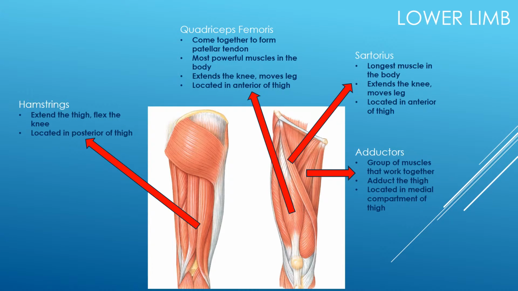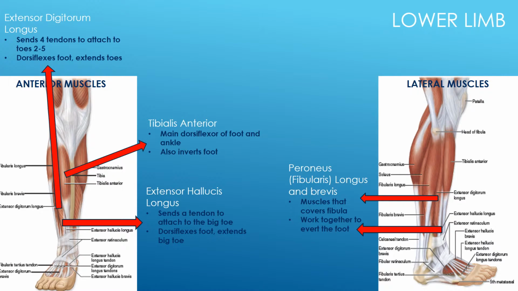The lower limb contains the most powerful muscles in the body, the quadriceps femoris, which also come together to form the patellar tendon. The lower leg contains anterior tendons that extend the foot and toes, as well as lateral muscles that help stabilize the foot.